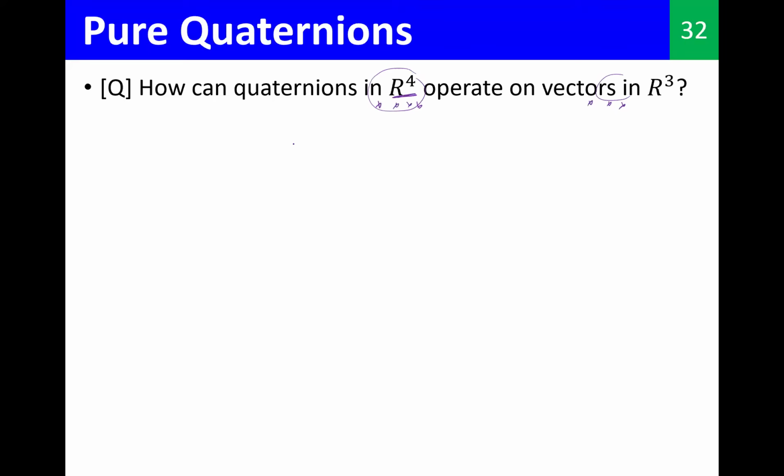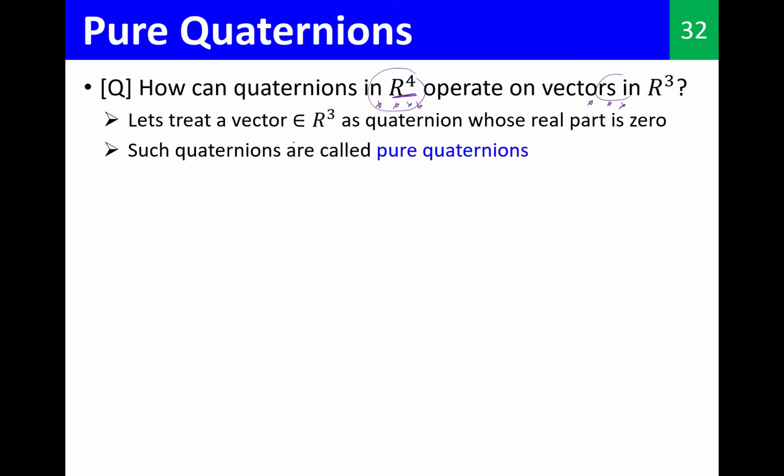So if you want to apply this, maybe we want to make them similar, right? So what I can do is I can take a vector in R3 and let's represent the usual vector as a quaternion where the real part is 0. Okay, so I just take a 3D vector like this, which has x, y, z.